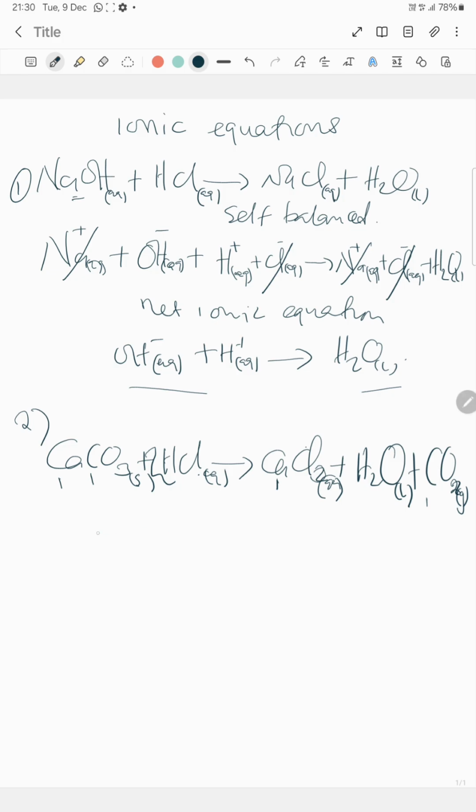So we write the ionic equation now. Since this one is in the solid state, we are not going to split it. So it will be CaCO3 solid, then plus, this one is in aqueous, so you say 2H plus aqueous, because of the 2 you put in front, then plus 2Cl negative aqueous.